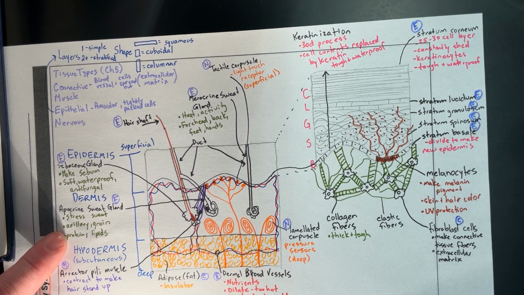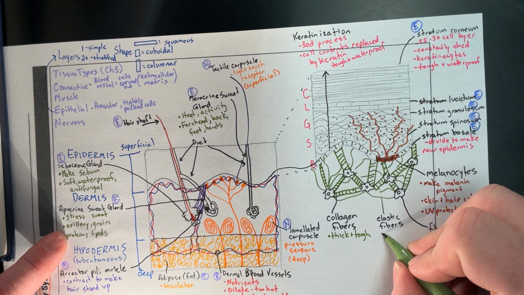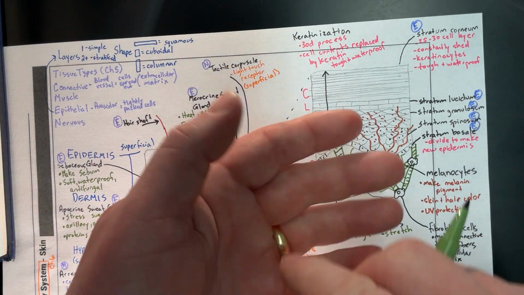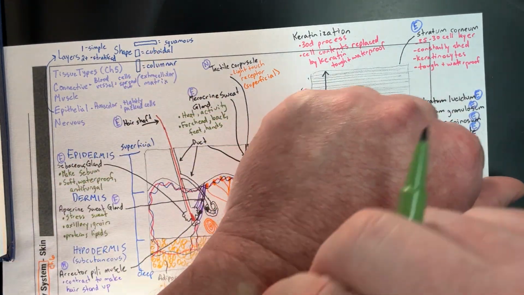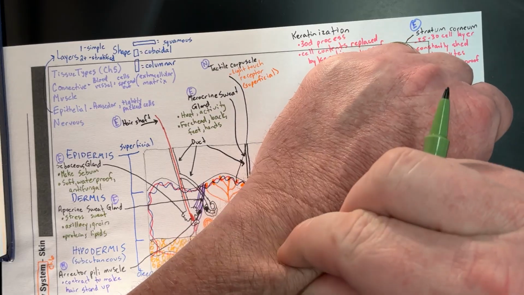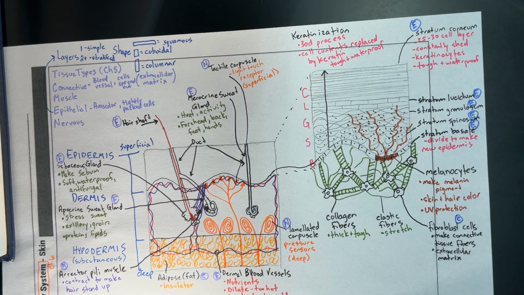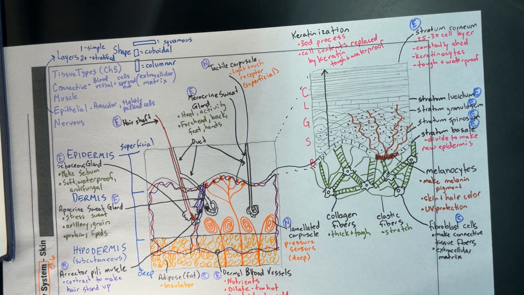They give our skin elasticity, which just means that it helps our skin be stretchy. So you can pull on your skin and it's not going to tear because you've got those collagen fibers, and it's going to be elastic and snap back into place because you have those elastic fibers. So good form follows function connections there. And this is a lot of the structures that are in your skin.